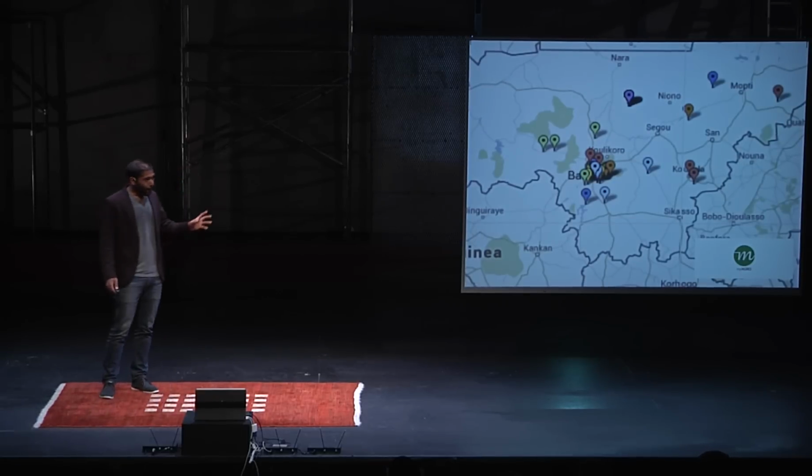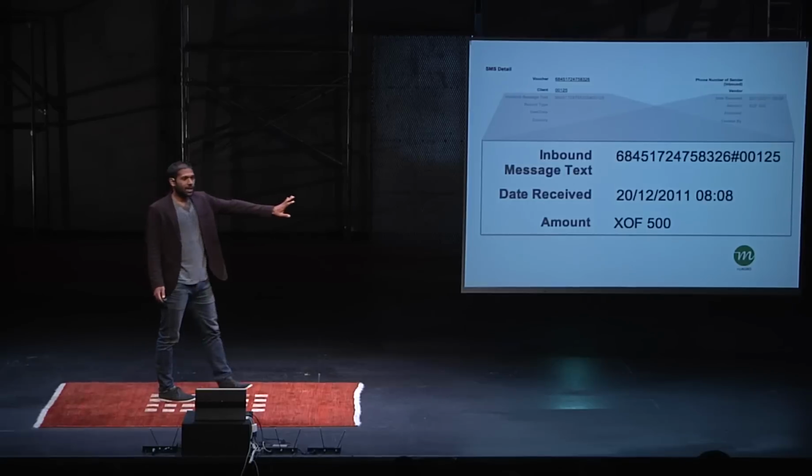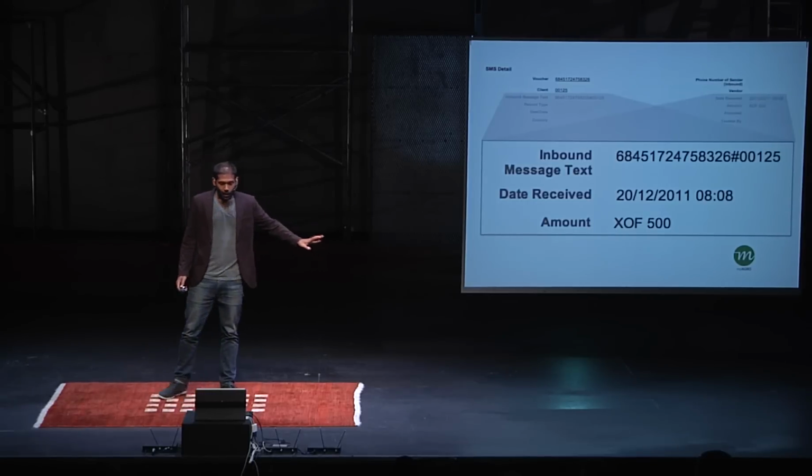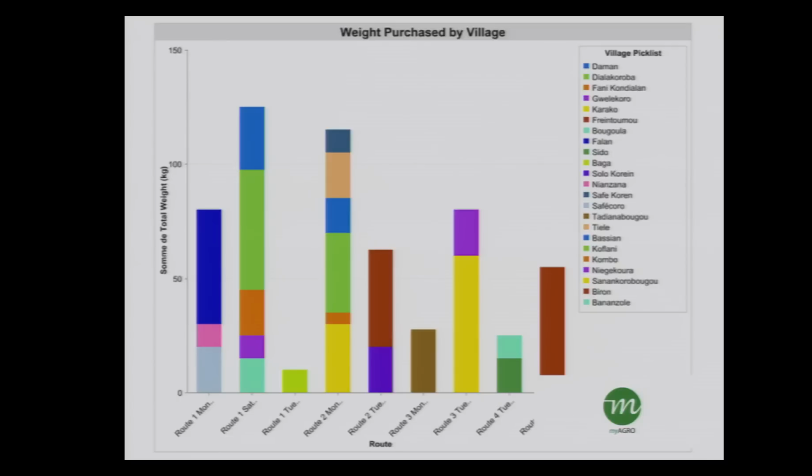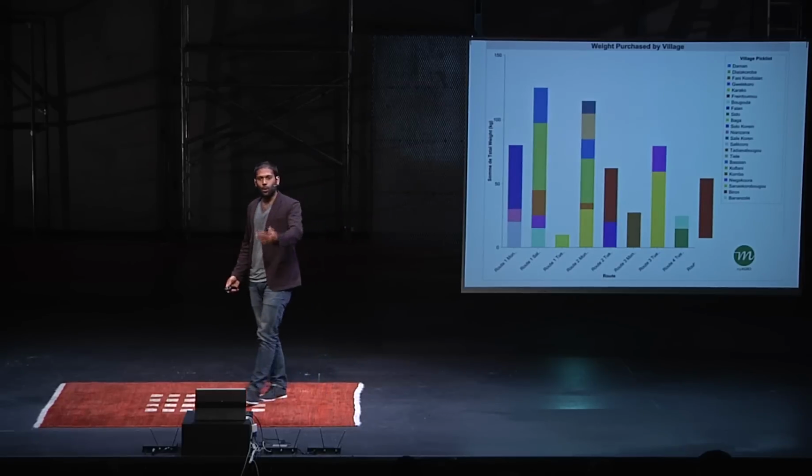So we helped them develop an SMS-based application that takes in every SMS from a farmer, validates it, parses it, basically adds up savings held in a farmer's name. We flag or mark off items that the farmer has been able to save towards, and then we create this real-time distribution plan for MyAgro for what inputs and what crops need to be delivered to what village on what day.